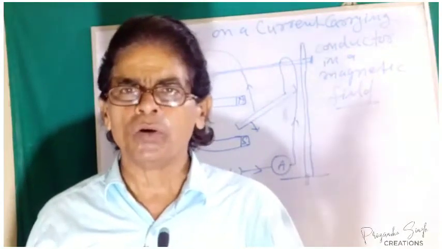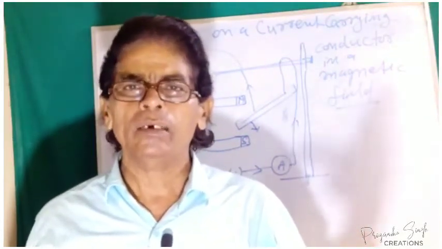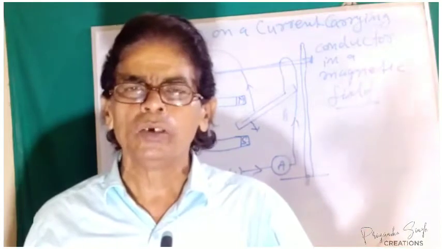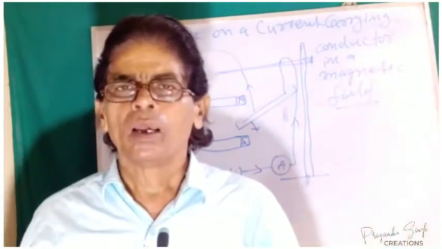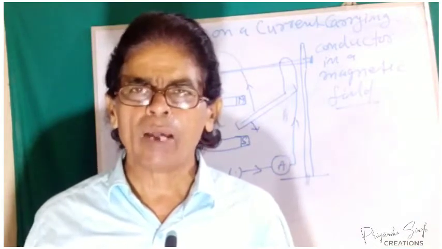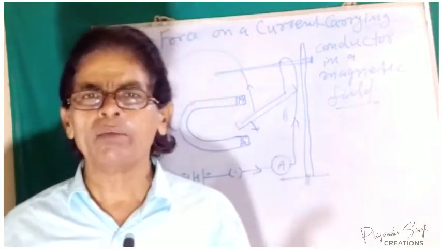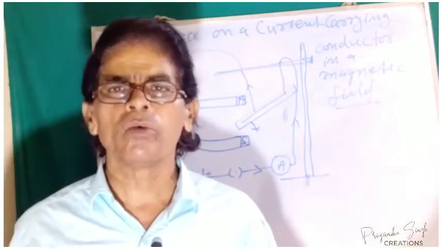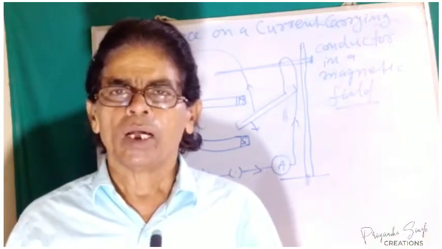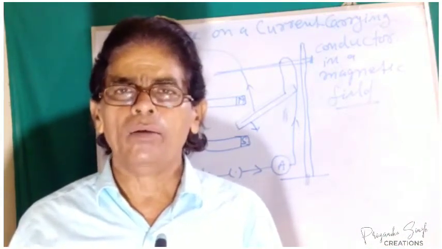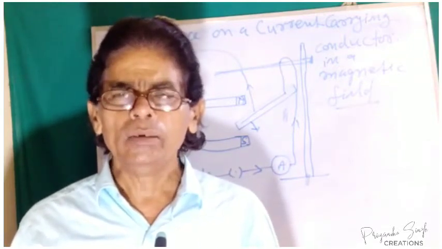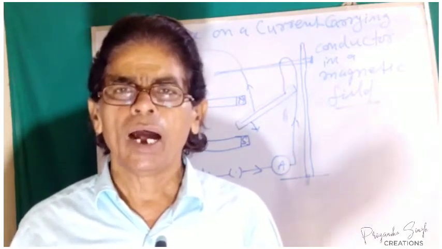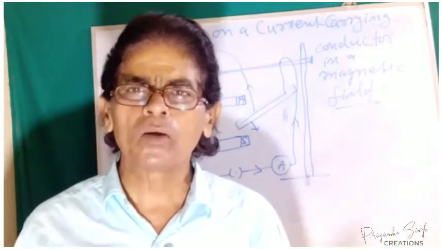So anywhere we can apply this, if we want to know the deflection in the current carrying conductor when it is placed in a magnetic field generated by an external magnet. This external magnet may be a permanent magnet or an electromagnet. We have already discussed the electromagnet: when a current carrying coil is mounted over a soft iron core or rod, the iron rod behaves like an electromagnet.